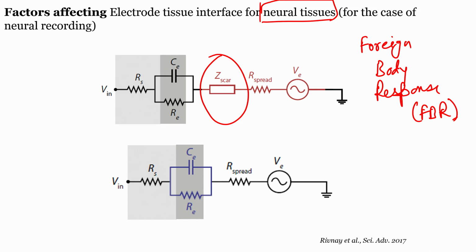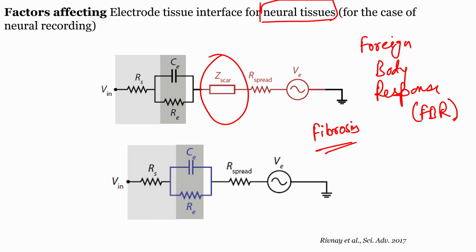When such things happen, the body has an automated response wherein it will develop a protective coating around the electrode, and that is called fibrosis. I am not going into the detail. That fibrosis will prevent any kind of signal being recorded accurately.